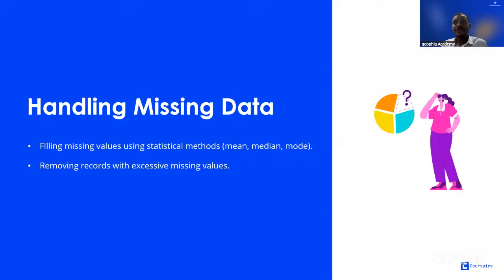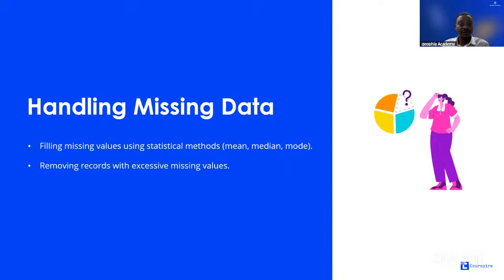So let's assume this person has filled the form and there are a lot of things missing. You can't just use that person's record. So instead of letting that single record skew the outcome of the analysis, you just decide to remove that person's entire record altogether because it's not useful. That is what we call cleaning.